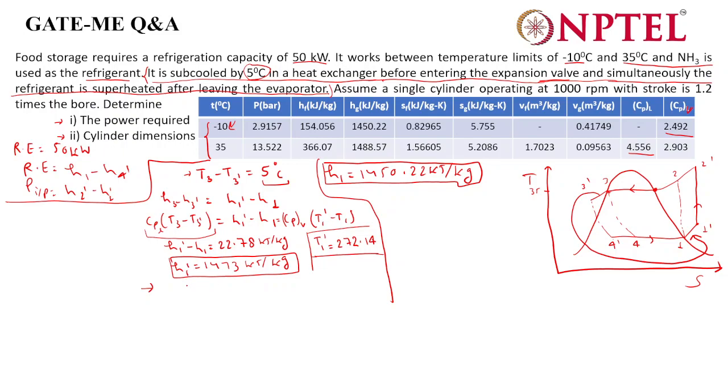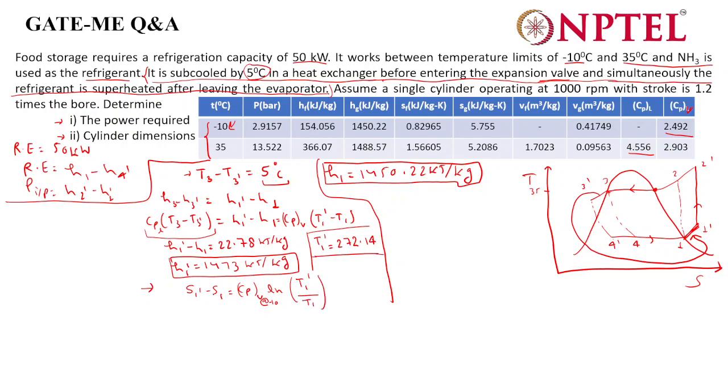Sir, Sg plus Cp ln of T1 dash by T1, meaning S1 dash minus S1. S1 dash minus S1, from here to here, right? It would be the Cp of vapor at minus 10 into ln of T1 dash by T1, right?